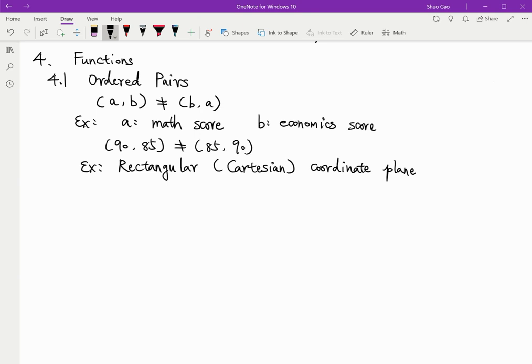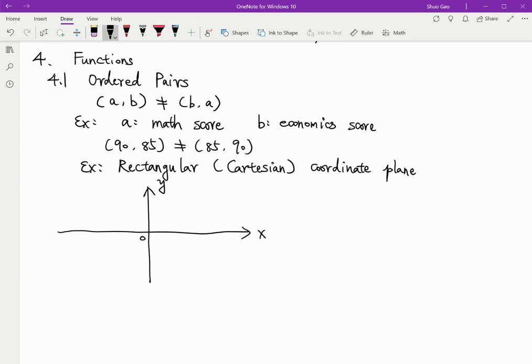I think you already know that, so this is a review. So this is a rectangular plane, something like this. This is x, this is y. So x means x axis and y axis. So this is a coordinate plane. And in this plane, we can draw the infinite set of ordered pairs.